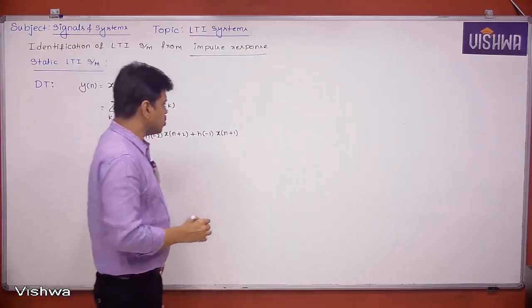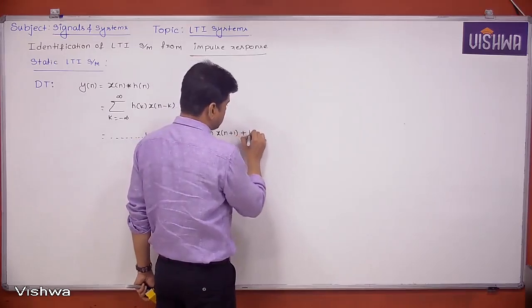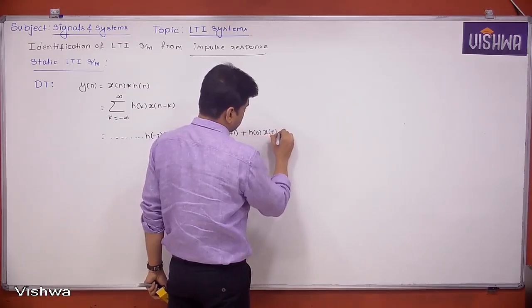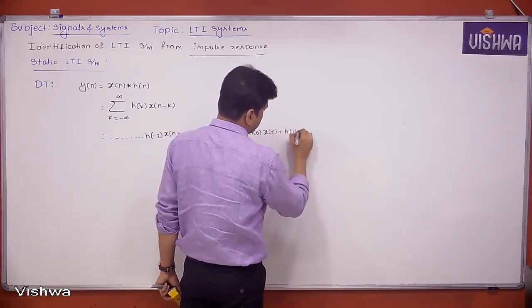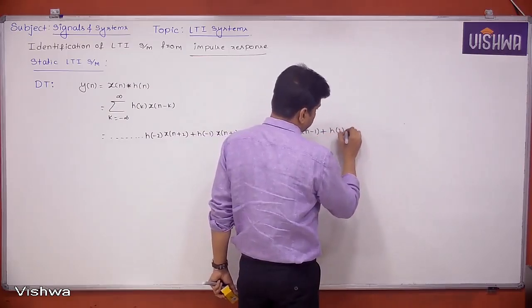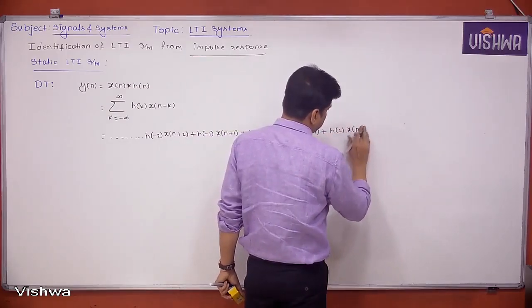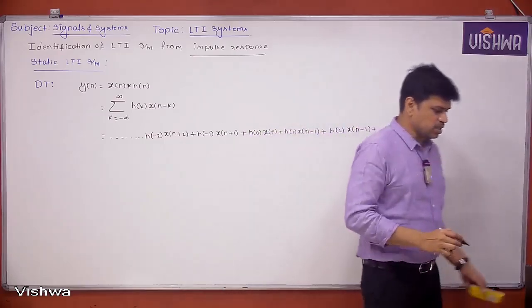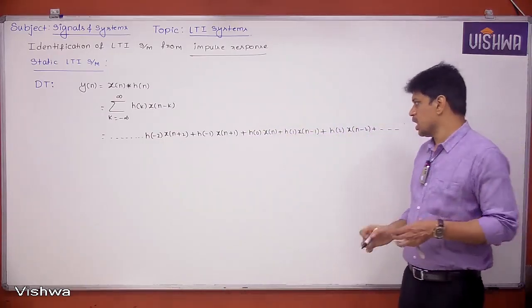If k is equal to 0, then it is h of 0 x of n, plus h of 1 x of n minus 1, plus h of 2 x of n minus 2, and so on. So these are the summation terms. Now observe carefully.